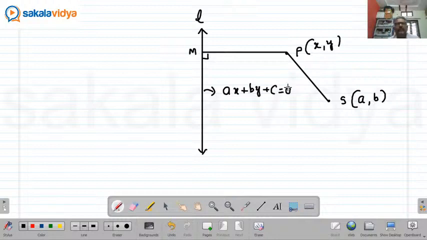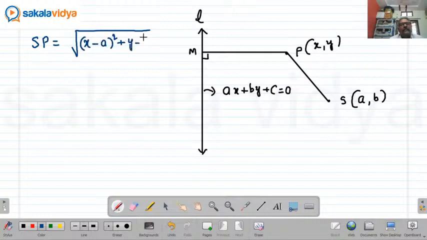Understood now? So now let us find out SP. SP is the distance between point S and point P, that is root over (X minus A) whole square plus (Y minus B) whole square. And let us find out PM.